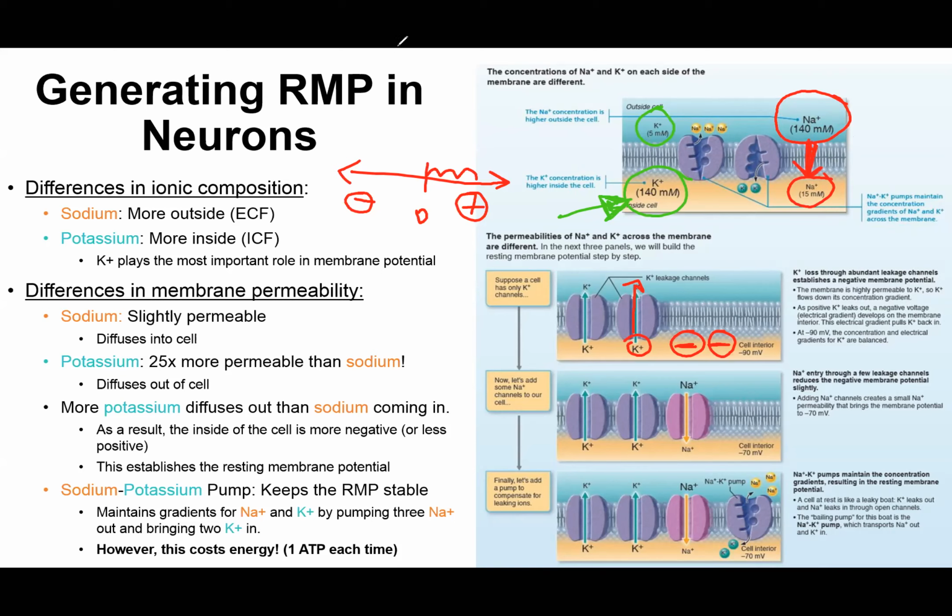So sodium is going to come in. But like I mentioned before, potassium is 25 times more permeable than sodium. So because of that, we're maybe going to have 2 potassiums leaving. So 2 positive charges leaving, but only 1 positive charge coming in.